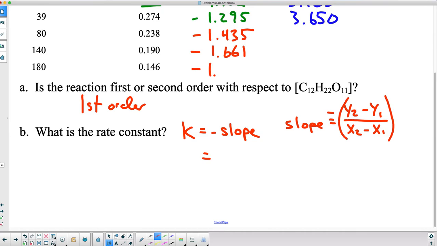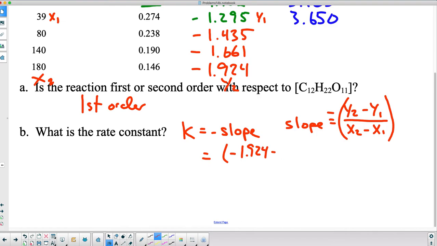There we go, 1.924. So what I can do is take this as my y, this as my x. So this will be y2, and this one will be y1, and this one will be x2, and this one will be x1.